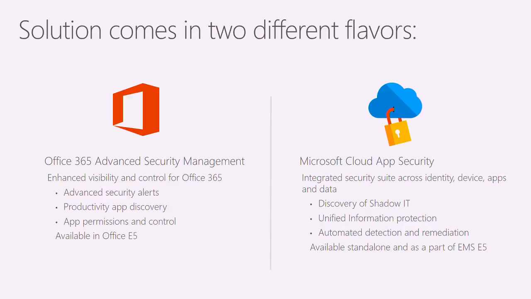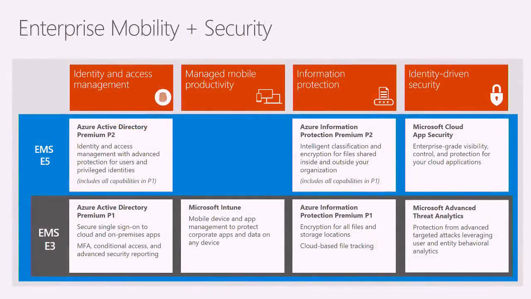Cloud App Security extends you past all the applications. Instead of just Office 365, it's all the other SaaS applications that you know your users are actually using. And it's part of EMS E5. So that is the difference between the two.